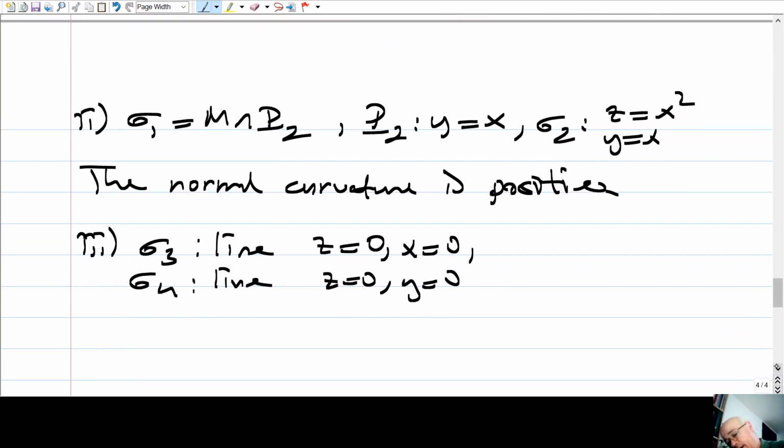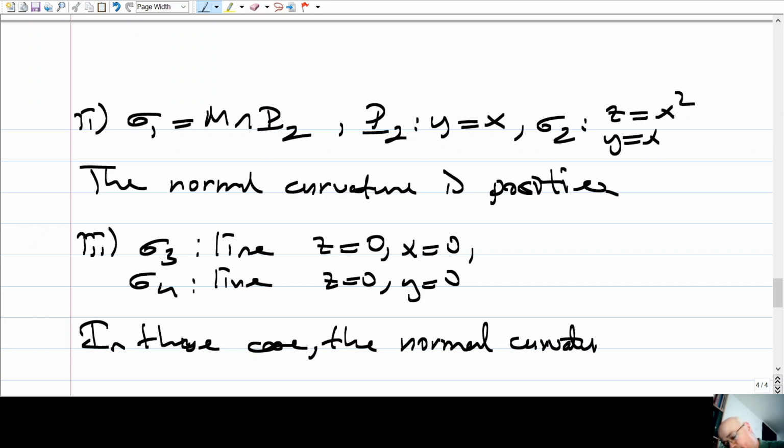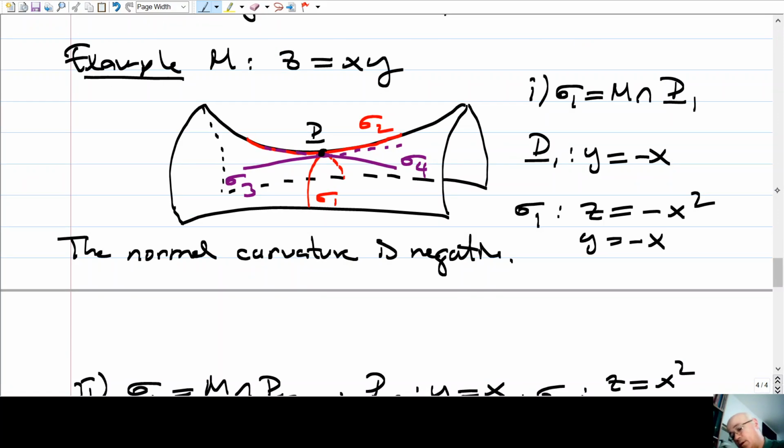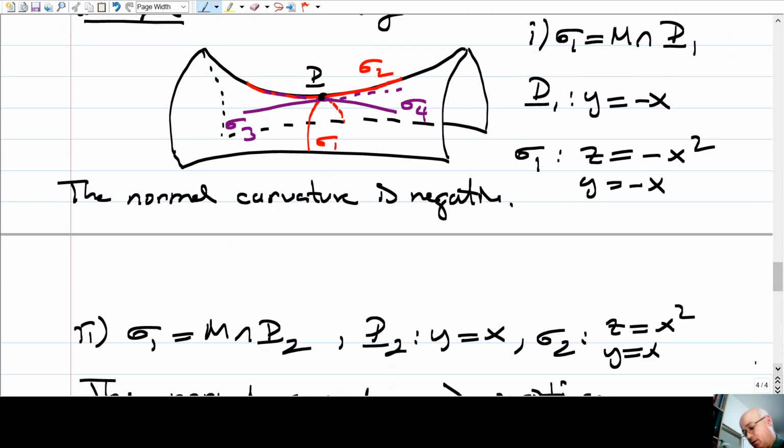And since these are lines, the normal curvatures in these cases are 0. Both of them are 0. These two lines lie on the surface, and of course a line is not bending at all, therefore normal curvatures in these directions are 0.